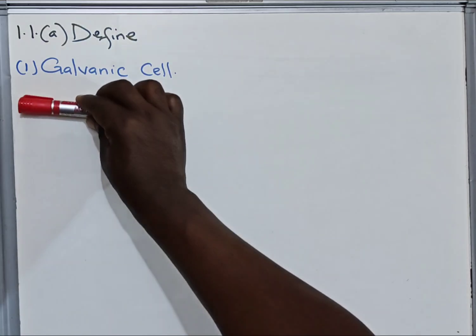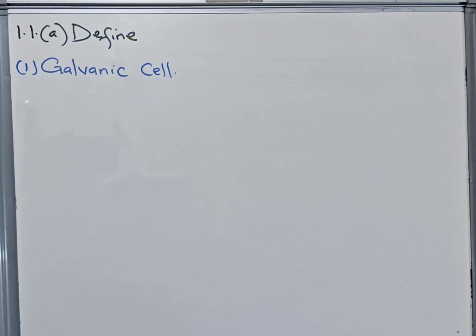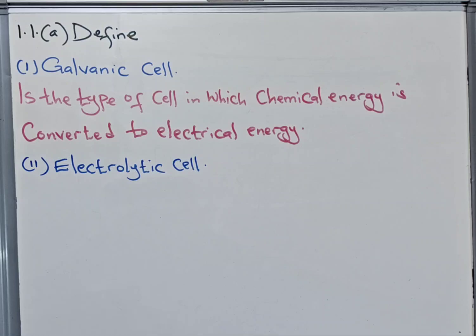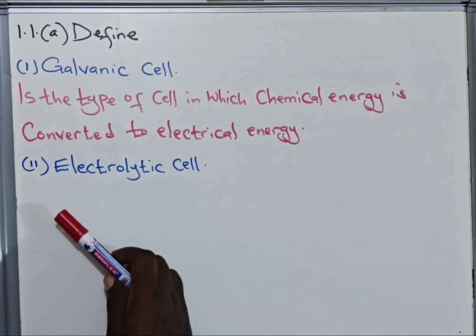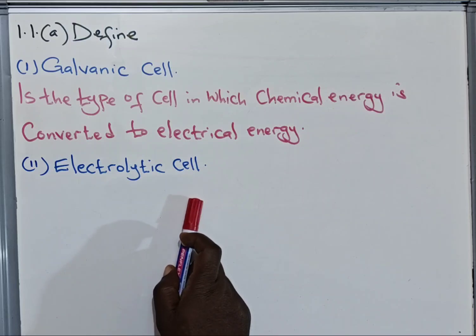Okay, the first question. Define galvanic cell. What is it? A galvanic cell is the type of cell in which chemical energy is converted into electrical energy. Then we come to this one, electrolytic cell.